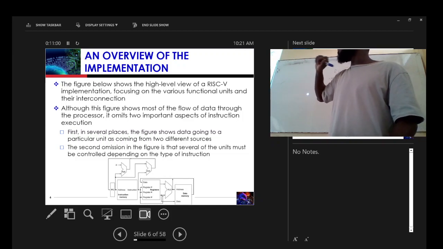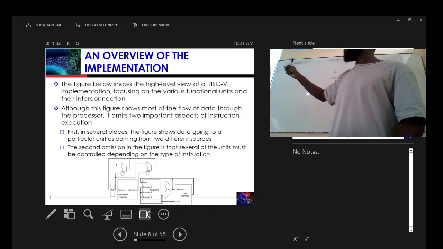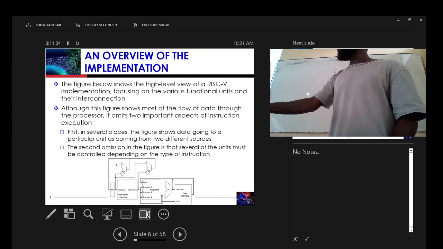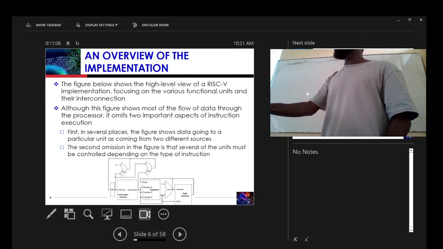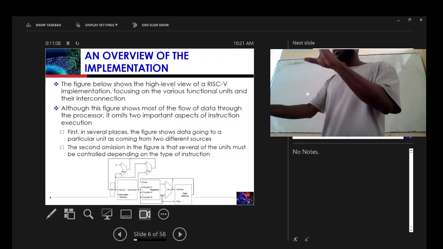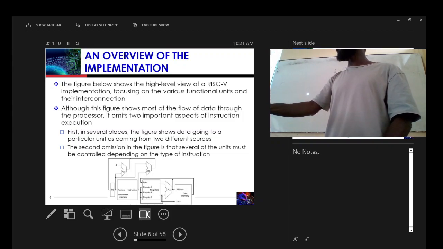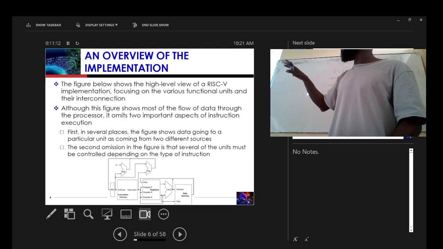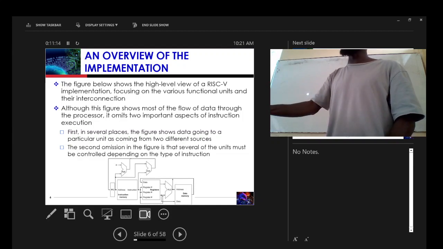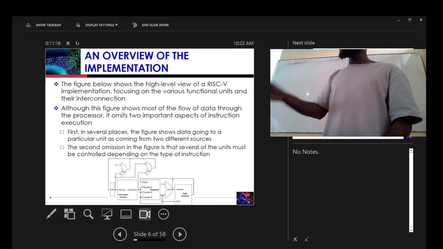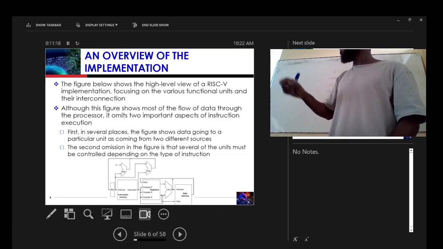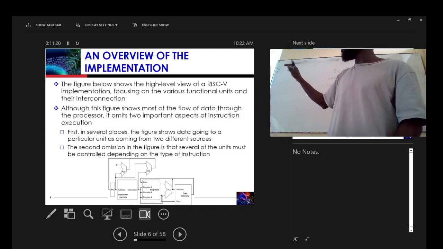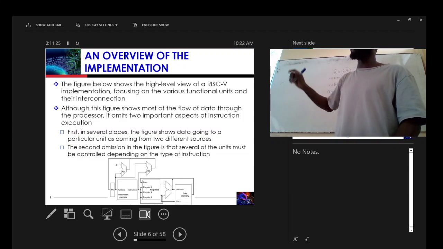Now, if you see a diagram like this, and in case you have learned some hardware, you will see that there's an issue with this diagram, in how information flows from one end to another. So who can point out any issue with the diagram?